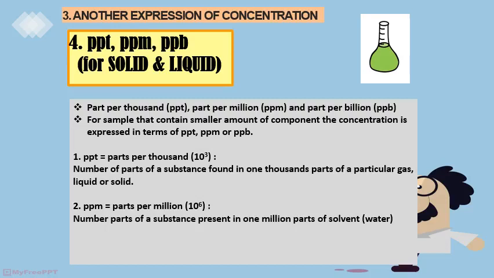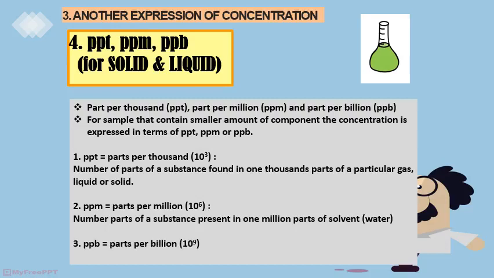So usually we use this unit when we want to calculate the amount of pollutant in a river, for example. Or we want to determine the water quality, we want to determine the amount of plumbum in a river. So we use the unit ppm, ppb or ppt.